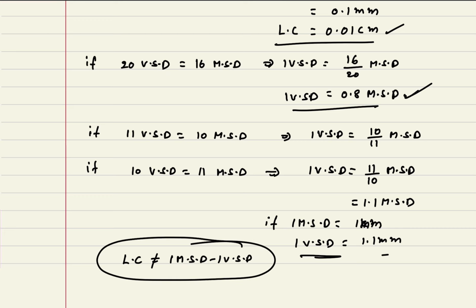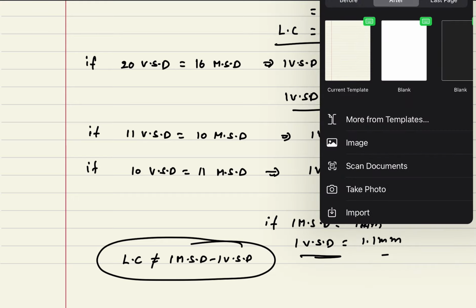The reason is here it will be more than that. That's why you will not use this one. Understand that? In this case we will calculate from the 1 VSD value, and by using that we can calculate the least count. We will follow according to the given diagram and the given data.